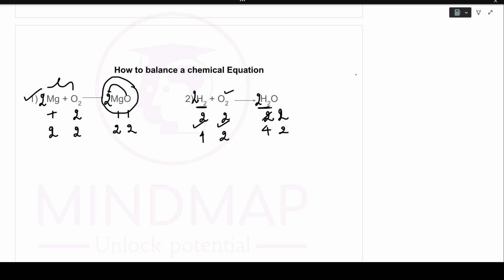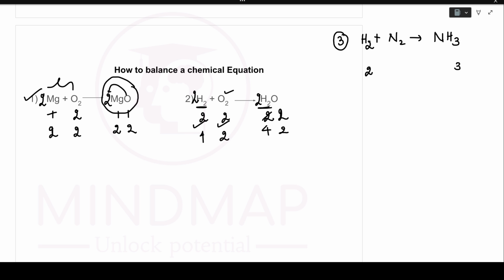Correct? Let's do one more, the third equation. Let me write it here. Let's do H2 plus N2 will give NH3. Okay. Now, hydrogen is 2 here and hydrogen is 3 here.